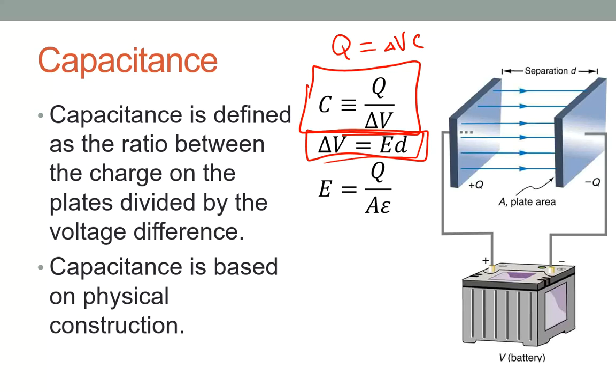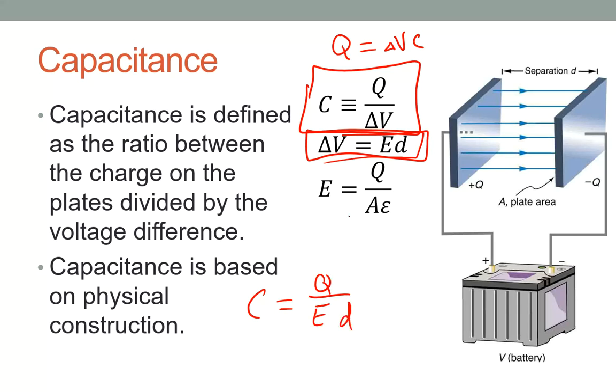The voltage difference, I dropped the minus sign because I just cared about the magnitude, is the electric field multiplied by the distance. Delta V is minus Ed with the sign. And so I can put that in for my change in voltage there. And I will have capacitance equal to Q over the electric field times the separation.